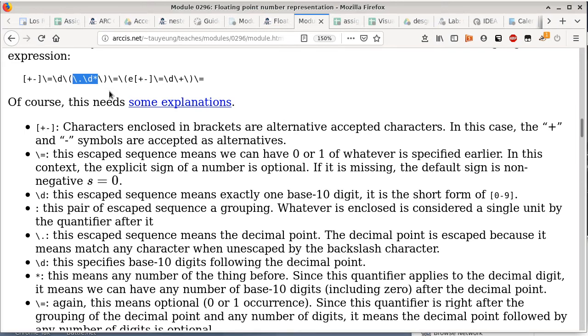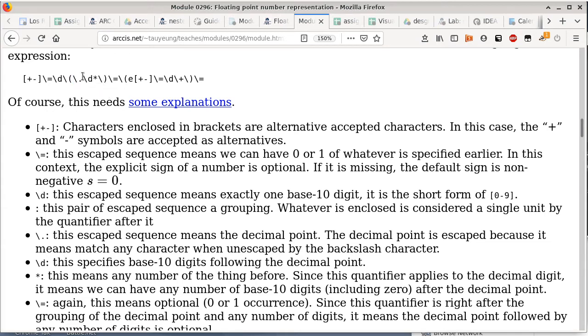So we can have a single character, which is the period, followed by backslash D, and someone remind me what is backslash D again? A digit, right, from 0 to 9, but it is followed by an asterisk. The asterisk is another quantifier because it specifies what is immediately before that can occur any number of times. So in this case, let me just highlight the portion that I want to focus on right now.